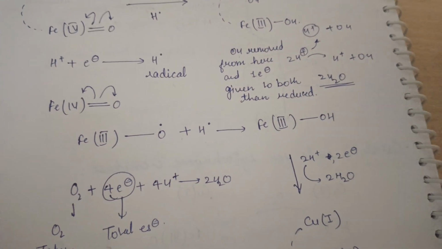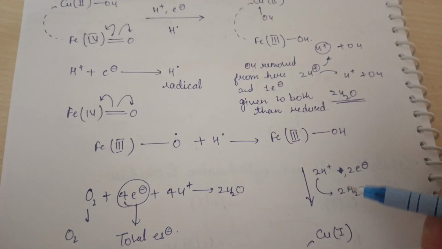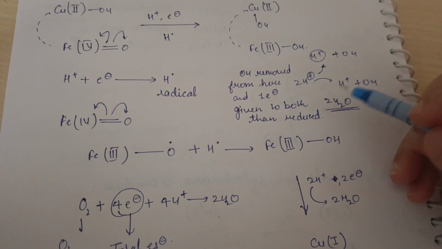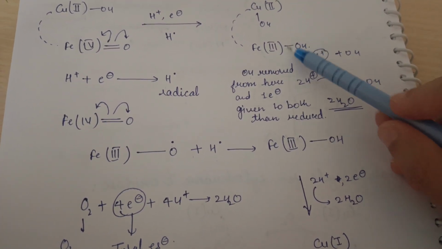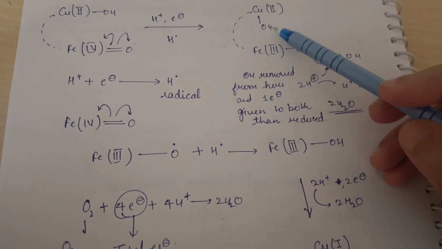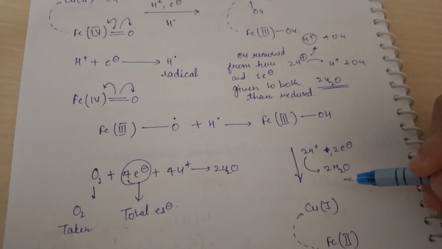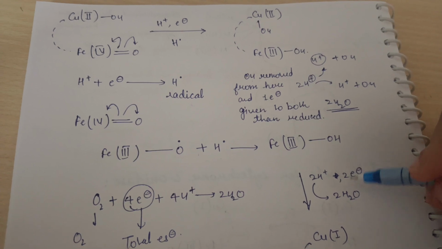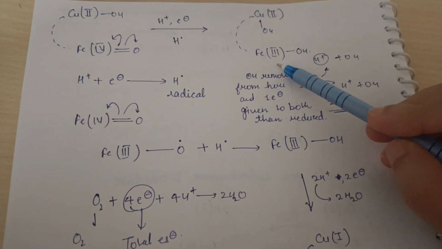Now in the final step we are adding 2 H plus and 2 electrons. One H plus will go and bind with this OH, and one water molecule goes out, and another H plus will go with this, so we will have 2 water molecules going out. There will be 2 electrons given, so one electron will be taken by this and one electron will be taken by Fe3.